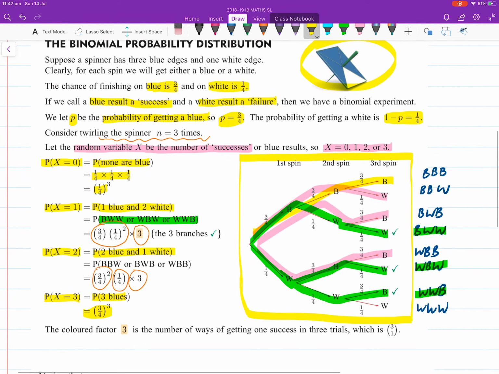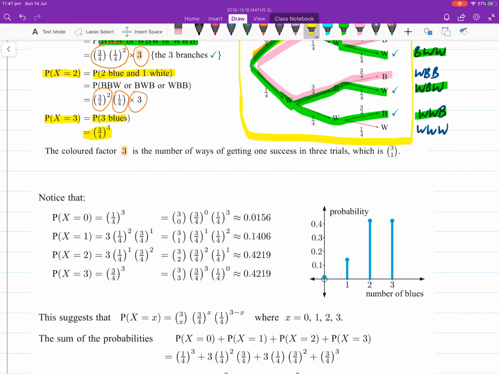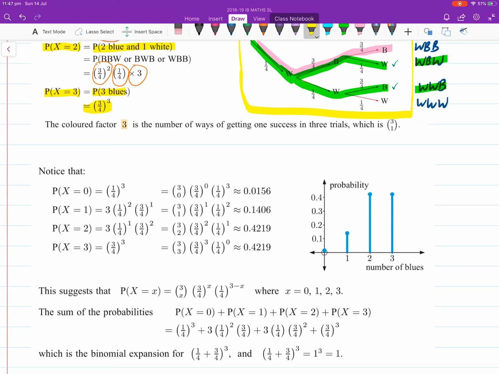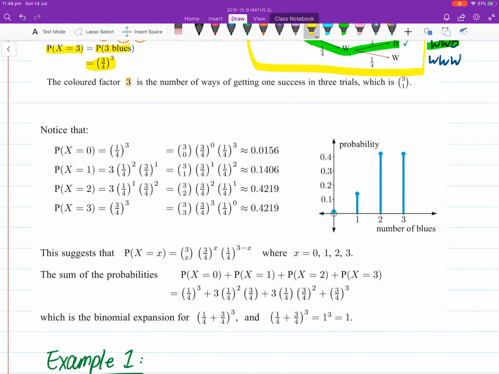So the thing is though, there's a really cool trend here with the numbers in front. I'm going to show you down here. So if you go down here, they've just rewritten more nicely what we had on that page previously.